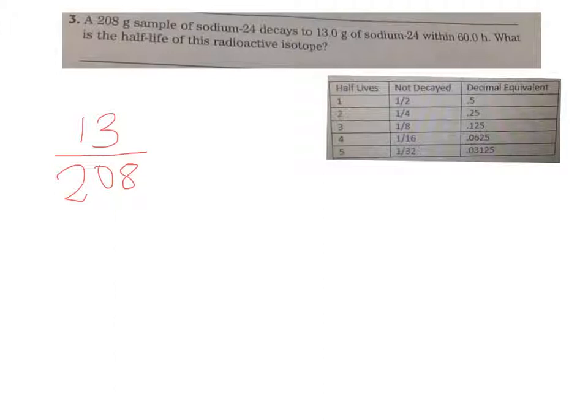What would a fourth be? 52, right? What would an eighth be? 26. So what would this be? 1/16, right? So now that we know that it is 1/16, we know 4 half-lives have occurred.